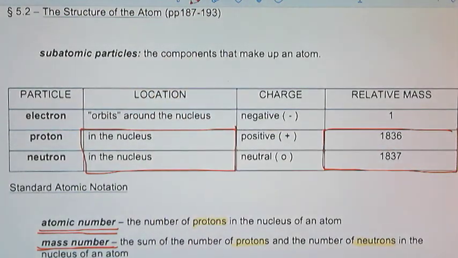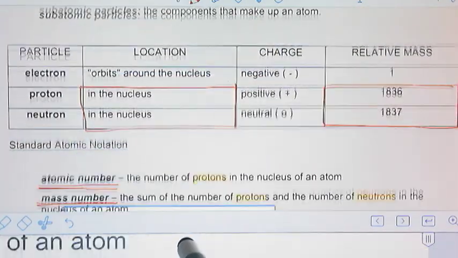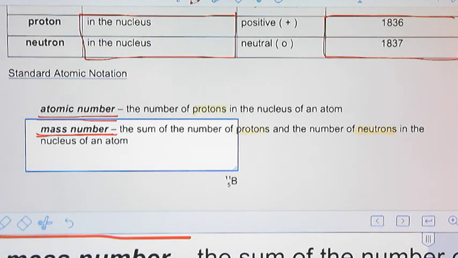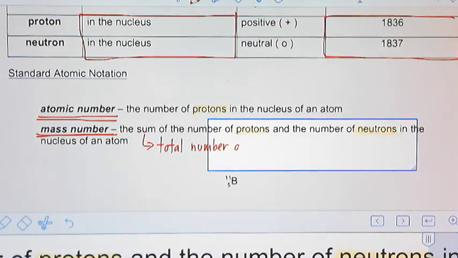So this tells us the total number of protons and neutrons in the nucleus of an atom.